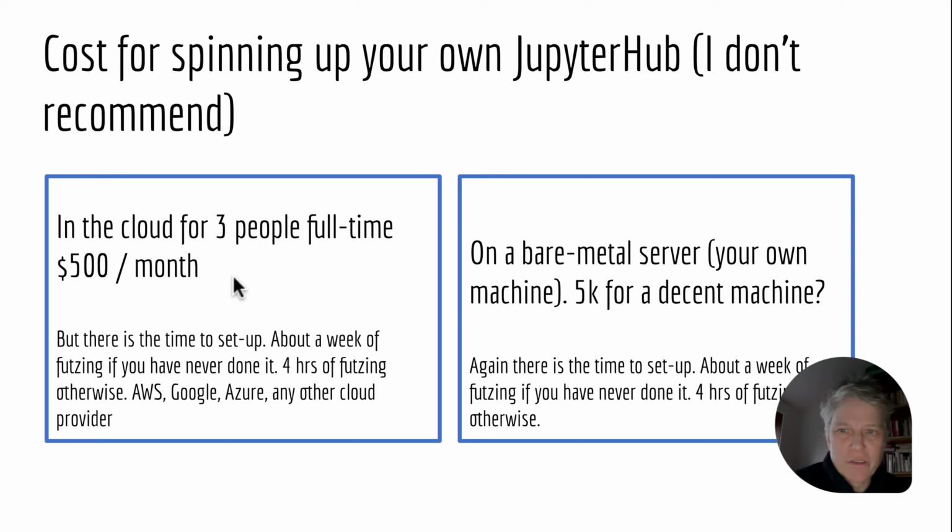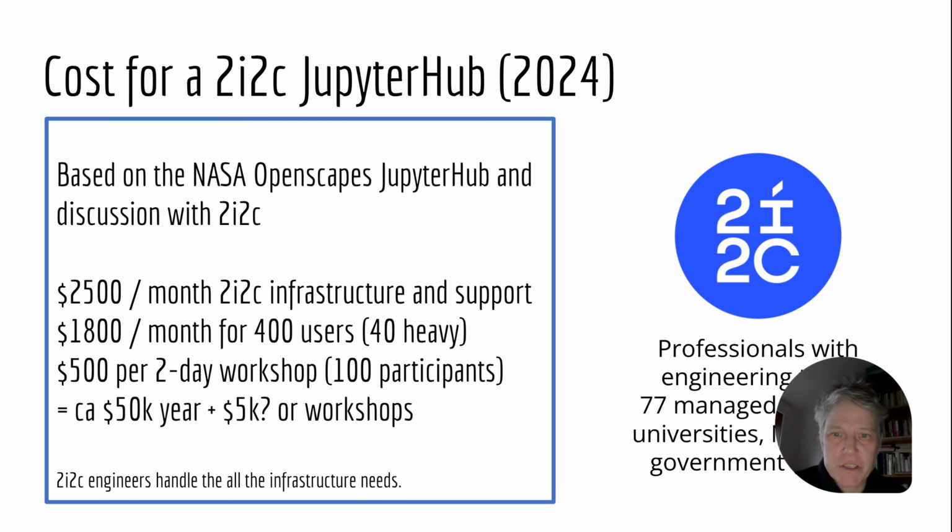For me, recently, when I've run mine, it was about $500 a month for 3 people full time doing some machine learning. So just to give you a rough idea of the price there. If you were to get one with 2i2c, and you could have up to like 300, 400 people, you're looking more at about $50K per year, give or take.